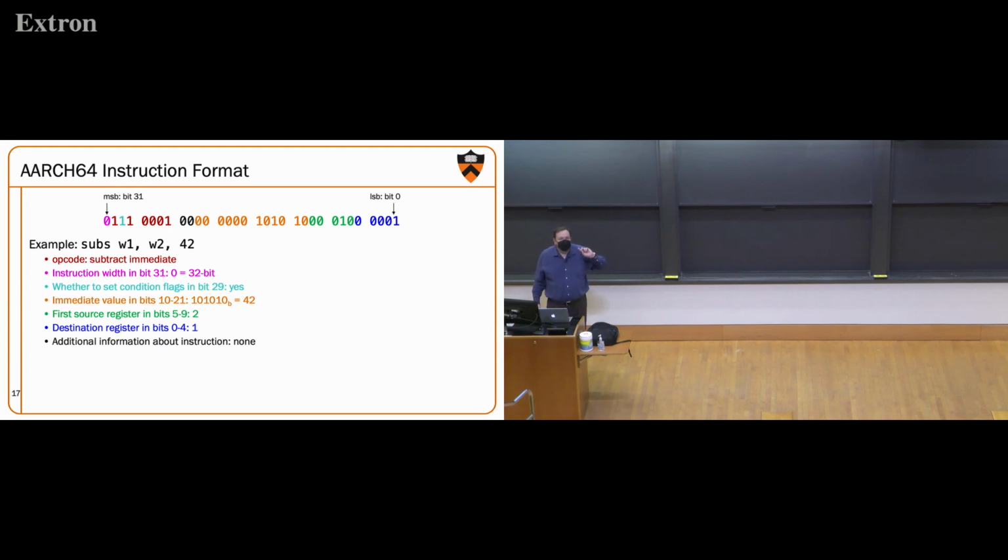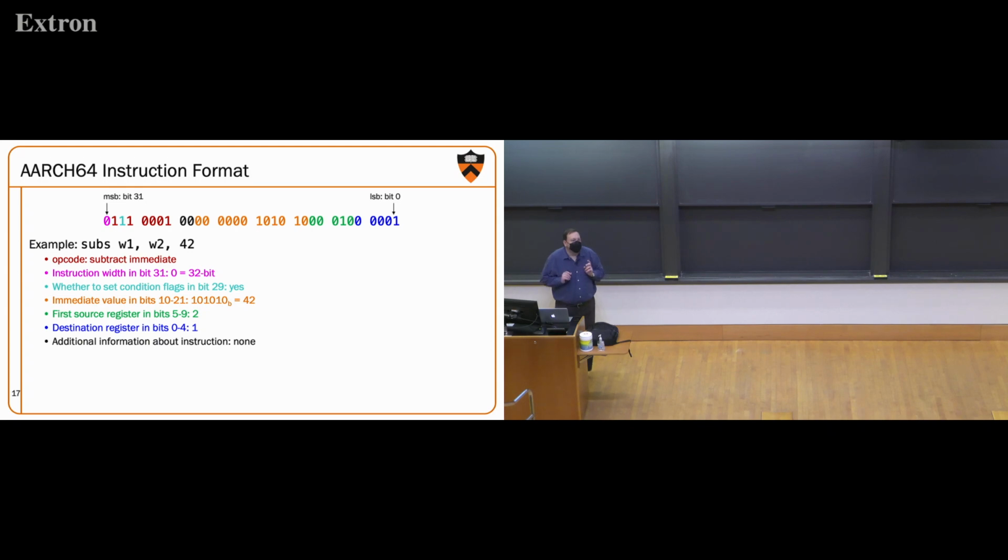In blue, we have the destination register. That is register 1, and because we are operating on 32-bit quantities, this is W1. In green, we have number 2, therefore this is W2 as the first source register, the first source operand. And in orange, we have a bunch of bits that together tell you that immediate value.